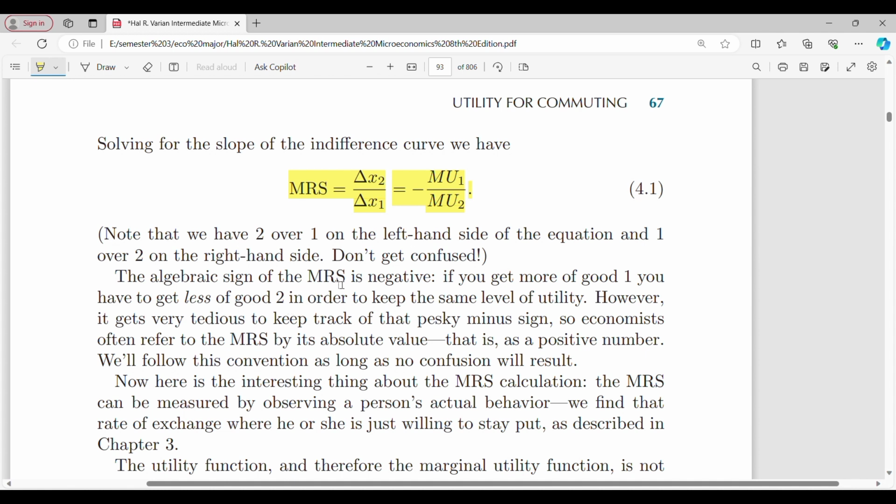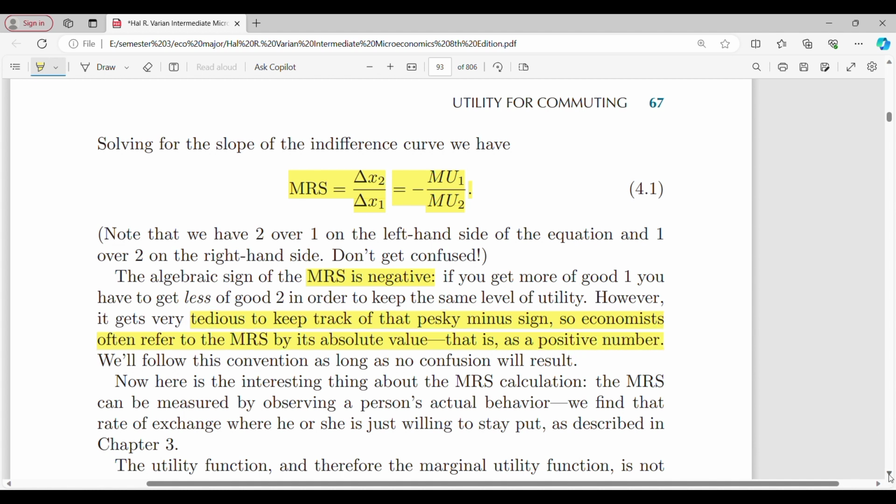Okay, so the algebraic sign of MRS is negative. If you get more of one good, definitely you need less of good 2. That is the opportunity cost. So the MRS will be negative. It is tedious to keep track of the pesky minus sign because MRS is often referred to in absolute value, that is a positive number.